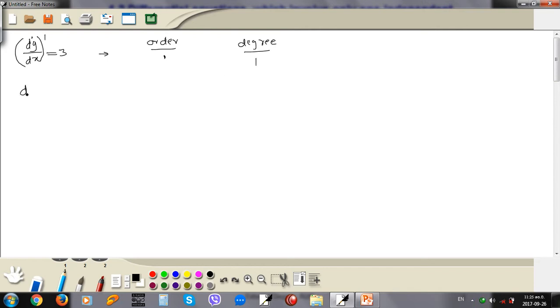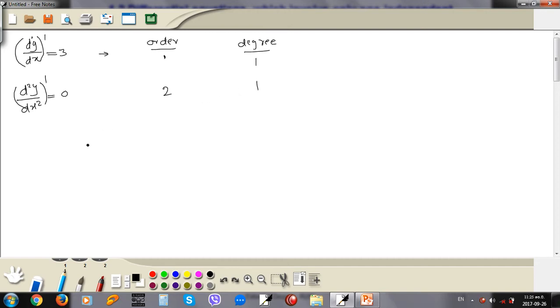If we consider d squared y over dx squared equals 0, in here the differential coefficient has 2, which means that is a second order differential equation. And the power of the highest derivative is 1, so the degree is 1.